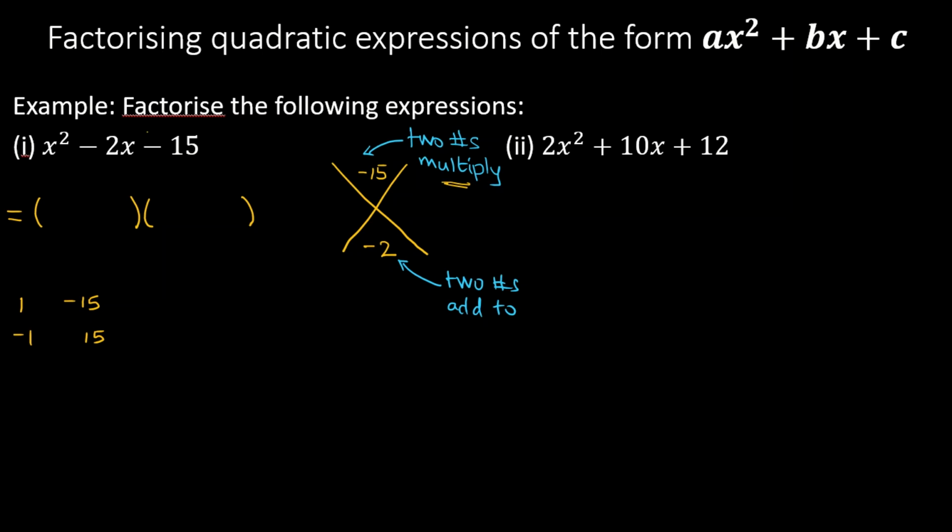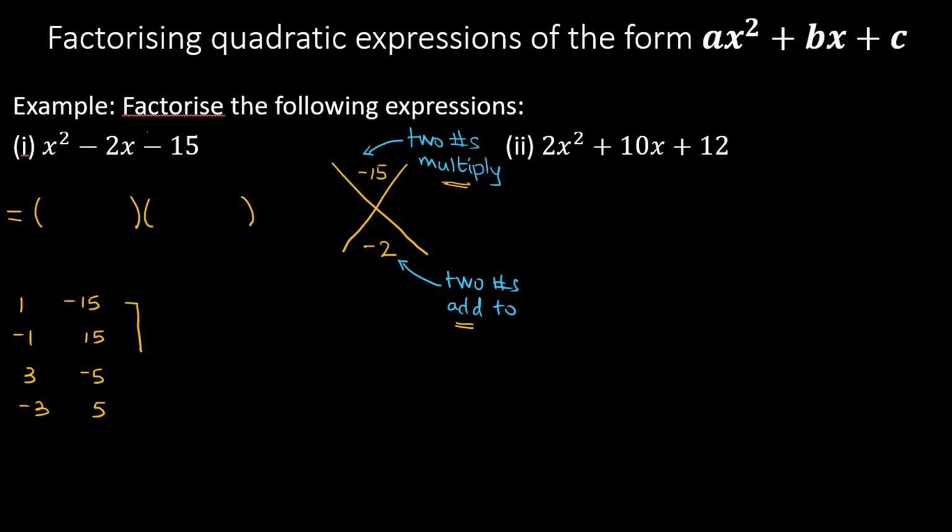Or we can take 3 times negative 5, or negative 3 times 5. Is there any other possibility to obtain negative 15? No. So let us see. We consider the addition now.